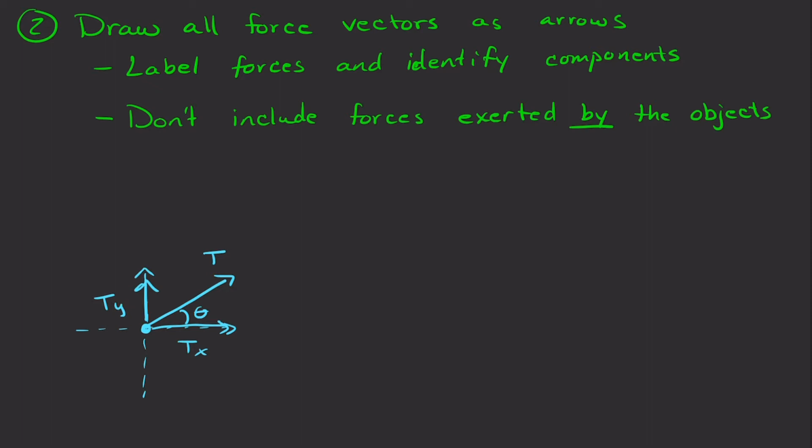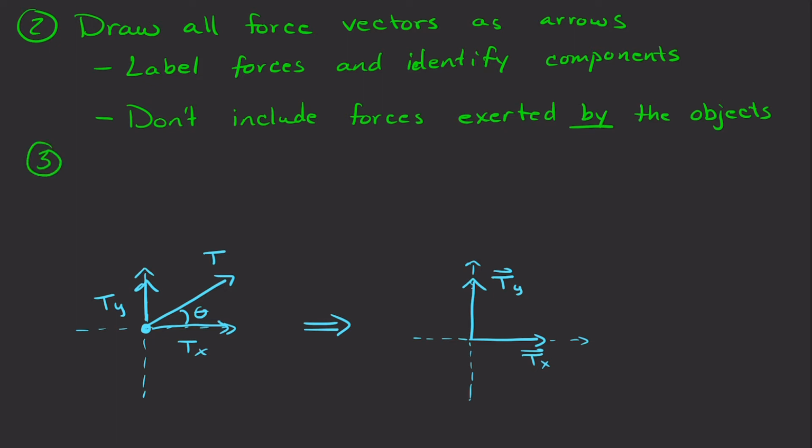Okay, and so we may even consider redrawing this in a new free body diagram. This is something I like to do with all of our force components along their respective axes. That way, when we go to do Newton's laws and sum up our forces, we can see everything that's vertical and everything that's horizontal.